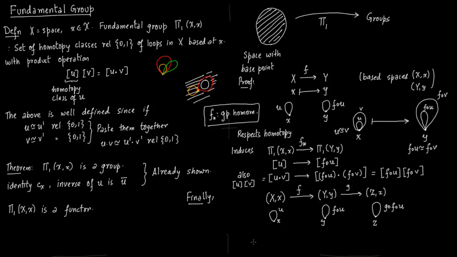So let us now write down the corresponding maps in the fundamental groups. So you have π1 of (X, x). So you have the first homomorphism.